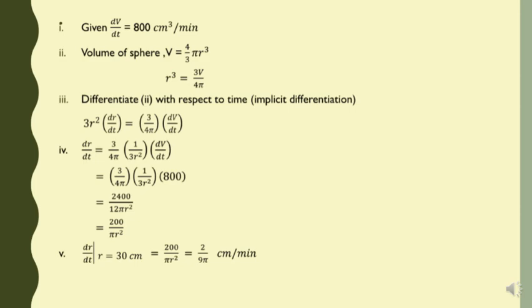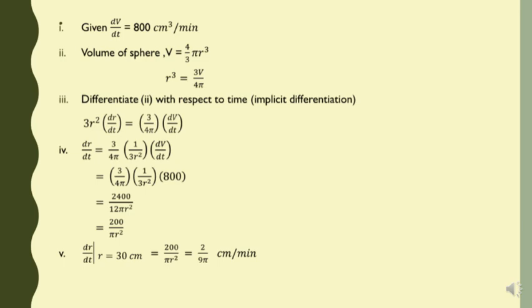To find how fast the radius of the balloon is increasing at the instant when the radius is 30 centimeters, in the equation that we got earlier, we need to substitute r equal to 30 centimeters and dV over dt equal to 800 cubic centimeters per minute, and solve the equation.